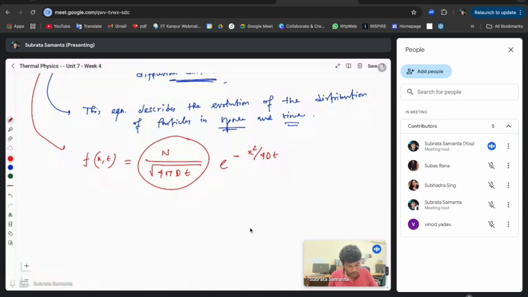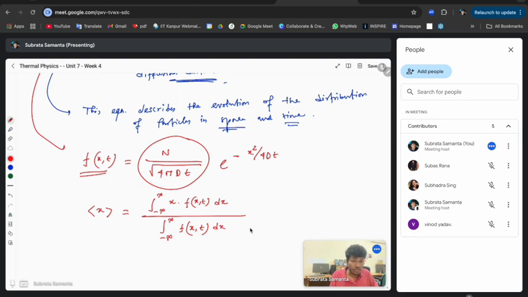Now let's quickly calculate the x average. Once you know the distribution function, you can compute averages, as you did in Maxwell-Boltzmann theory, where once you know the velocity distribution you calculate the average of v squared. Here the x average is the integral from minus infinity to infinity of x times f(x,t) dx, divided by the normalization if f is not normalized.